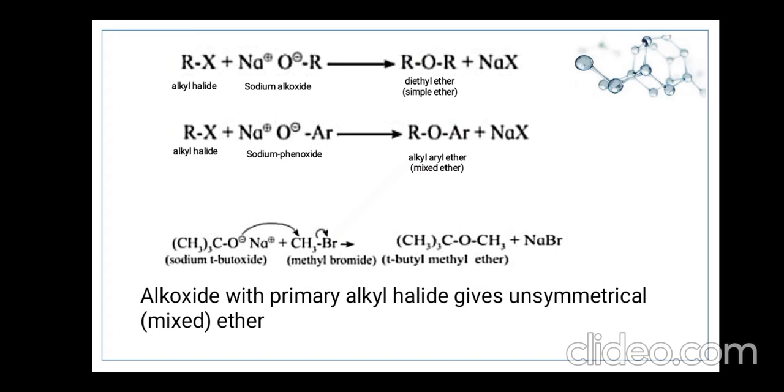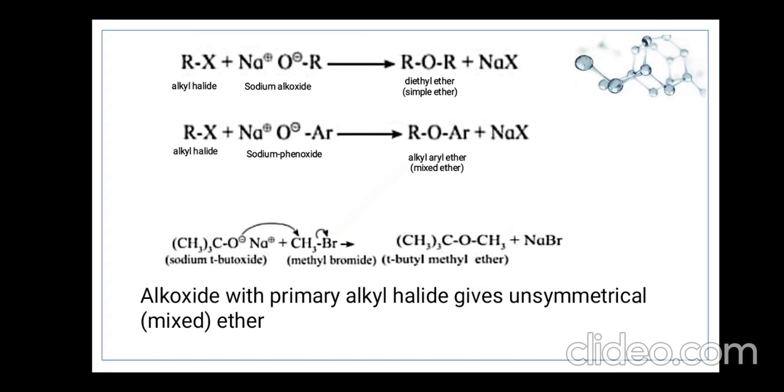Now when the same group is present at both ends of oxygen, then it is called simple ether or symmetrical ether. And if different groups are present at both the ends of oxygen, then it is called unsymmetrical or mixed ether.